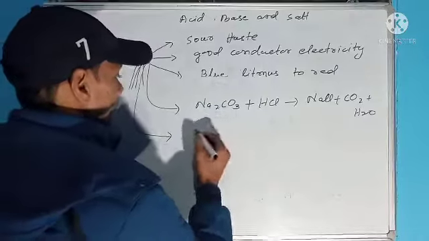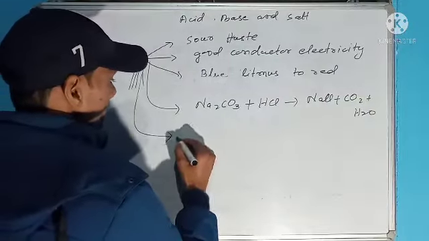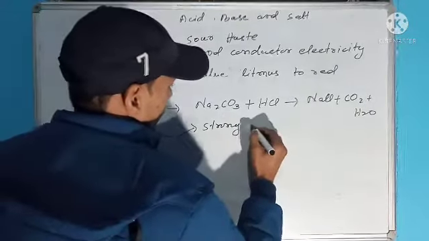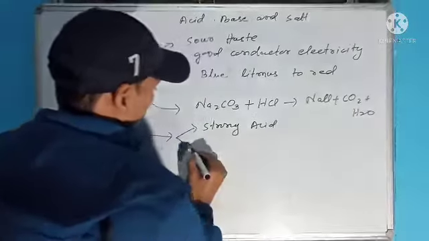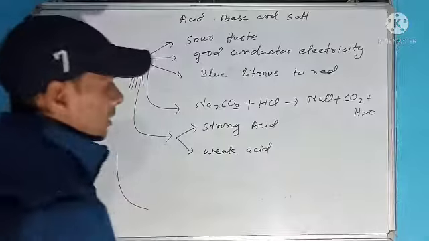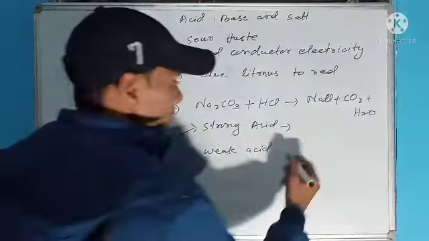Again, there are two types of acid: a strong acid and a weak acid. For example, natural acid is called weak acid.